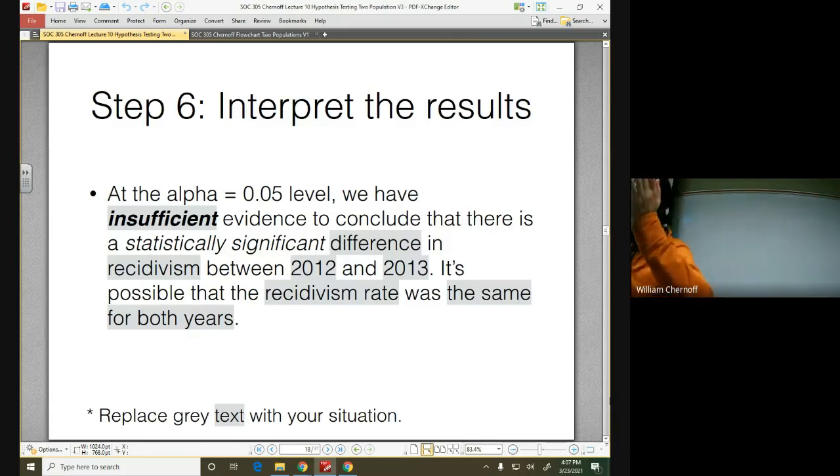Sometimes in life, we're interested in comparing continuous things, like who pays more money in rent: people who live in urban areas, or people who live in rural areas. Sometimes we're interested in comparing fear of crime between genders, or the number of housing problems people have, again maybe by rural versus urban.